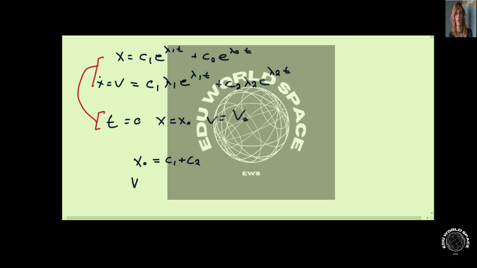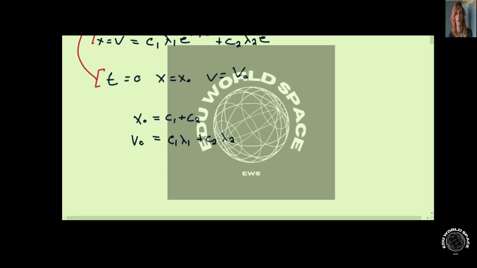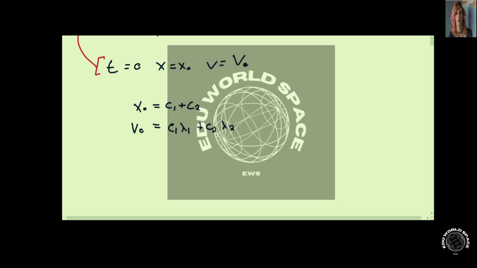And then we have v naught equals c1 lambda 1 plus c2 lambda 2. For this, we want to get c2 by itself, so it's going to be x naught minus c1, and we plug that in here.